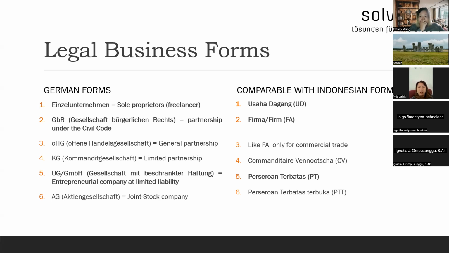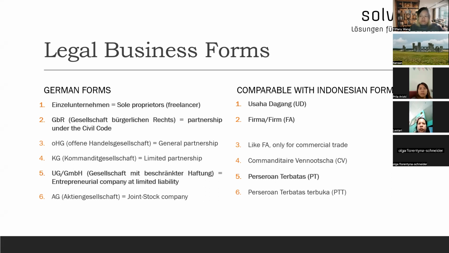The second one would be the Gesellschaft bürgerlichen Rechts. It's like a firma in Indonesia. If you would make the same as an Einzelunternehmer, but with a minimum of 2 people, then you are a Gesellschaft bürgerlichen Rechts. So it's the definition. It's still the same, you could say, and you don't need any contract or something like that. Both are the easygoing ways to open a business for the first time.